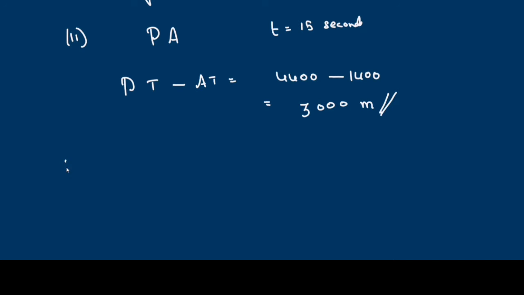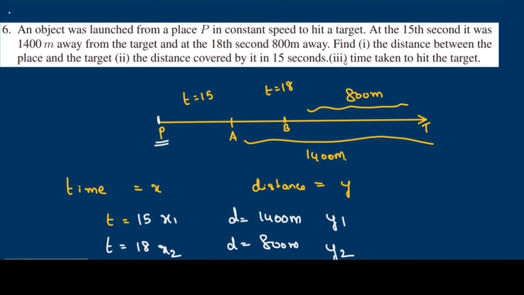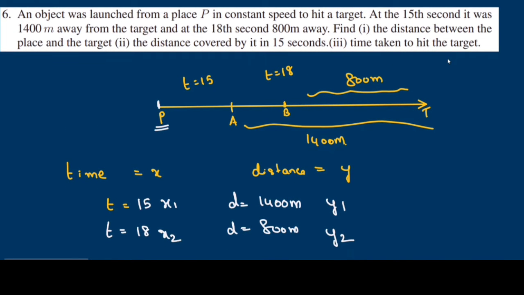What is the third part of the question? The third part of the question is time taken to hit the target. See, the distance is decreasing. First from P to T it is 4400. A to T it is 1400. So the distance is decreasing. When you hit the target, what happened to the distance from P to T? We have taken the distance as y, isn't it?